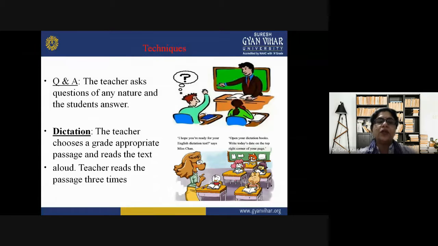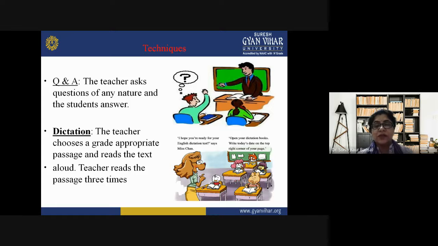First of all, the teacher asks questions in any form and the student answers. The teacher chooses a grade-appropriate passage, either of 10th standard or 6th standard. You must take care which standard you are choosing a paragraph for. Then the teacher reads the text aloud, 3 times.